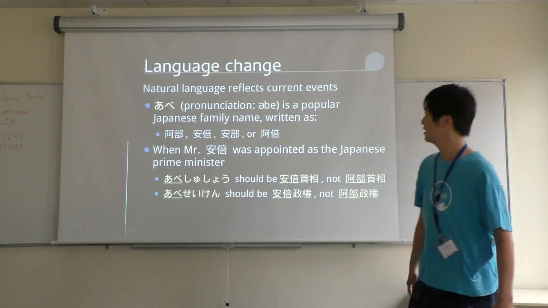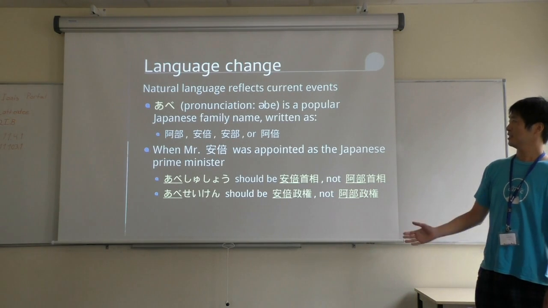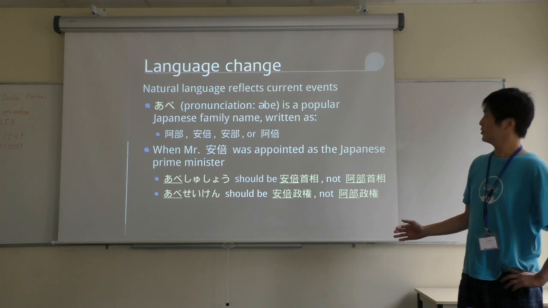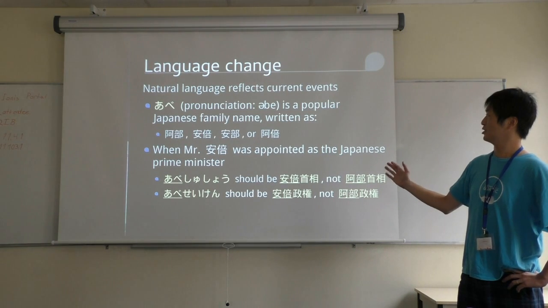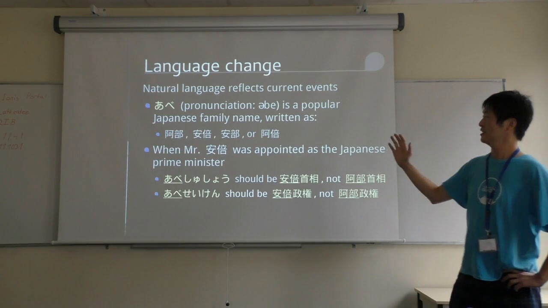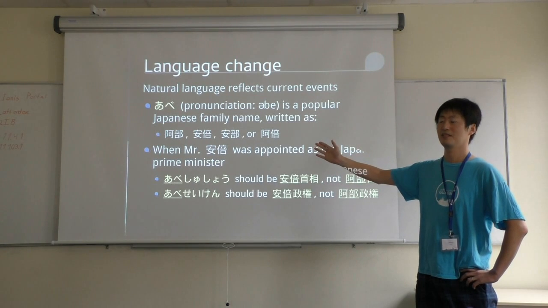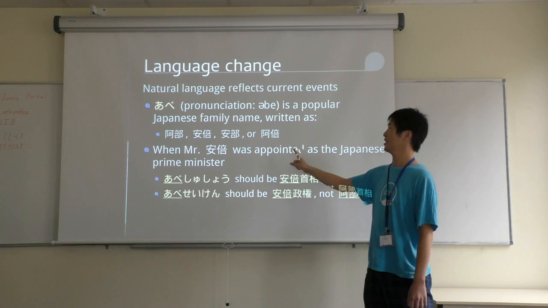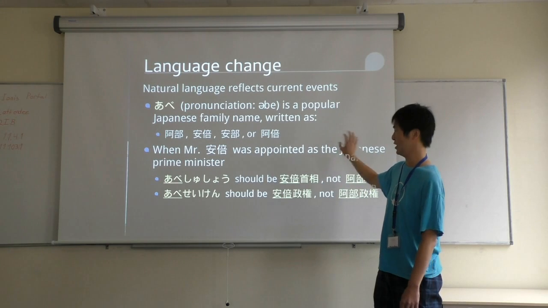For language change, the most popular kind is that it reflects current events. For example, Abe is a very famous Japanese family name, and it can be written as 4 different kanji characters, or more.